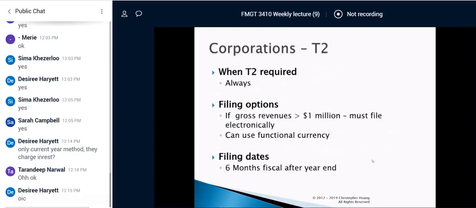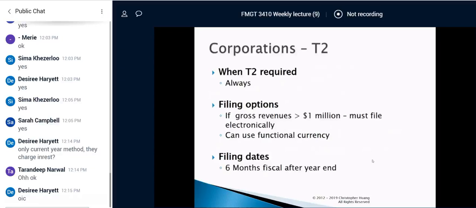Okay, so that's individuals. Corporations, because the government automatically gives you 6 months, they have different rules. Okay, and the other thing is corporations, especially profitable corporations, have much larger tax bills than individuals. So the government basically wants their money from corporations sooner than from an individual.